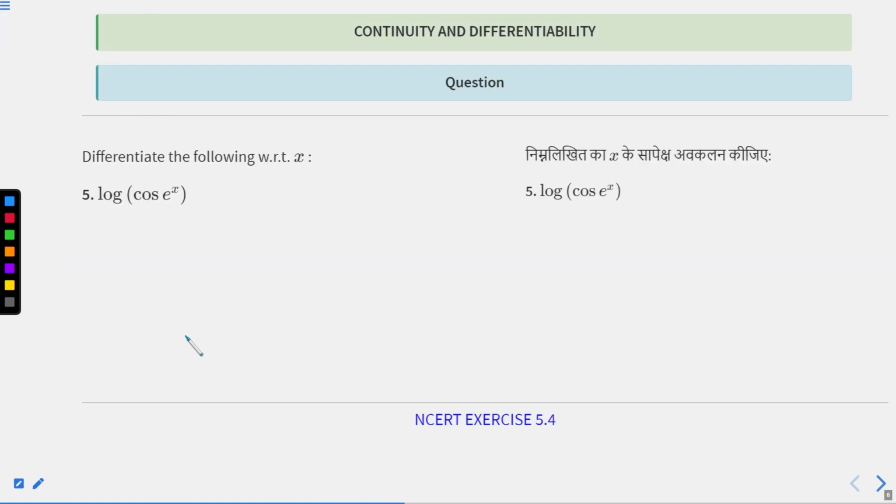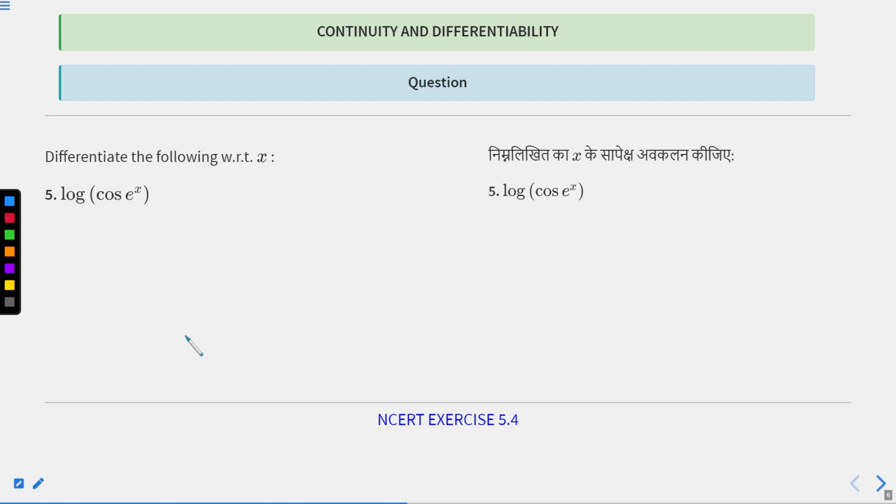Now, the fifth problem: log of cos e power x. Give numbers: this is 1, this is 2, this is 3, this is 4.